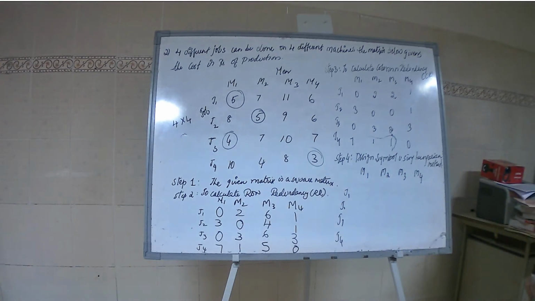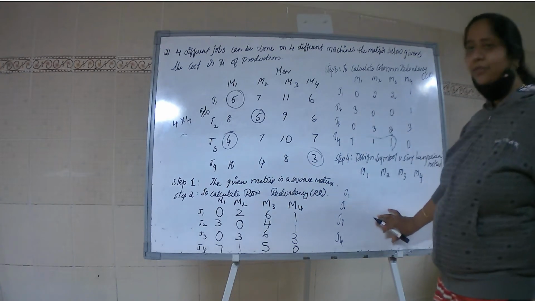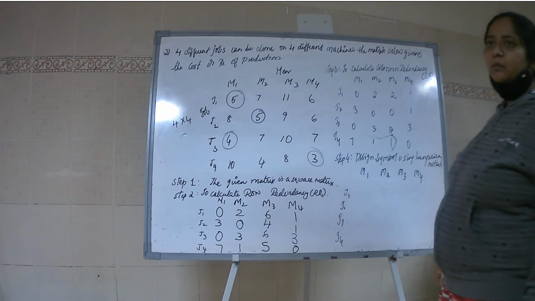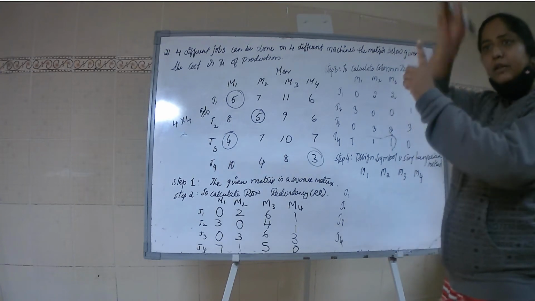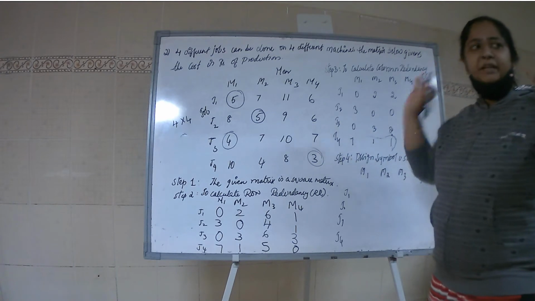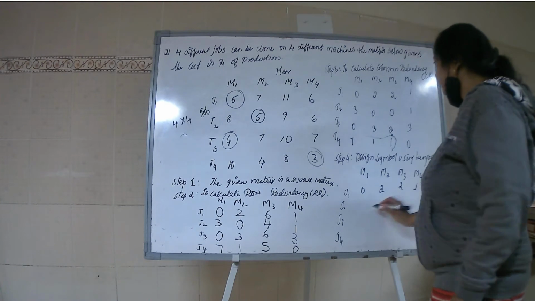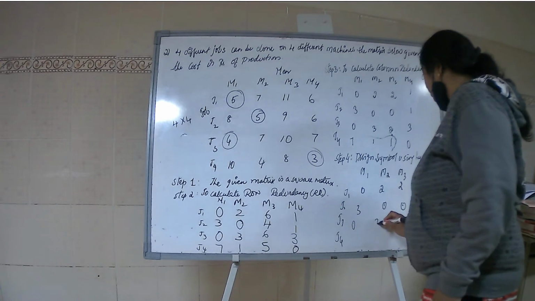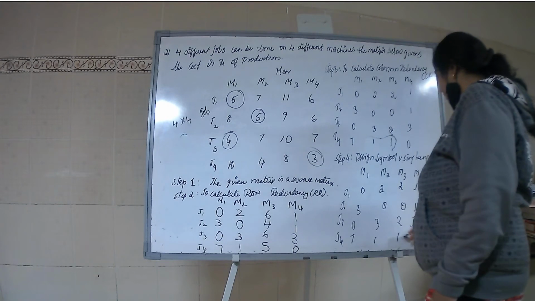Remember, in the Hungarian method, we write the same values down here and then assign. As I told you in my previous problem also, assignment should be given only to 0. And if there are any zeros in that column or row, you have to cancel them. Keep this logic in mind. So it is 0, 2, 2, 1, 3, 0, 0, 1, 0, 3, 2, 3, 7, 1, 1, 0.